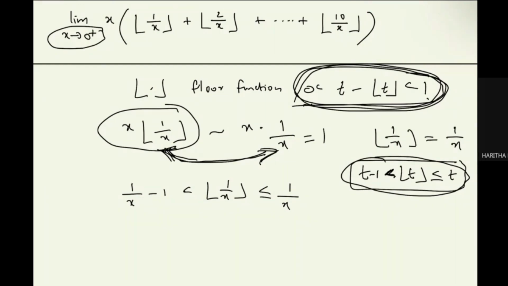When we simply multiply, the inequality need not hold, because if x is negative the inequality will reverse. But because x tends to 0 plus, we only need to worry about x greater than 0, so this inequality will hold.